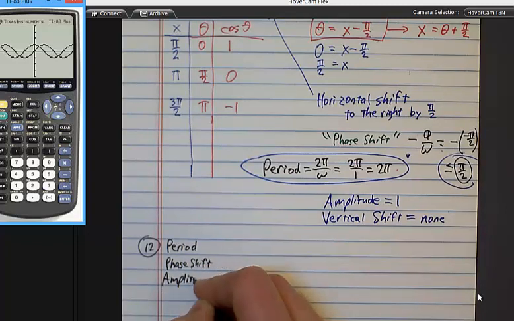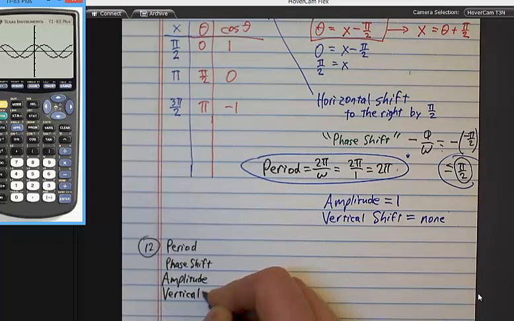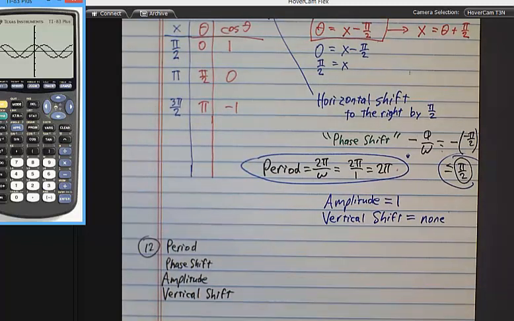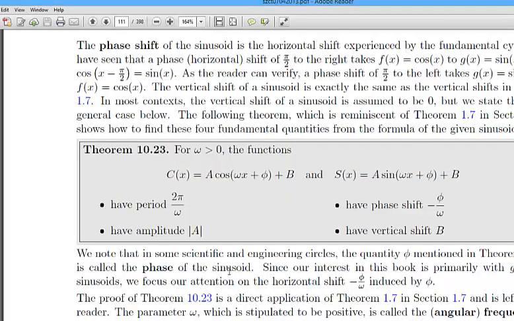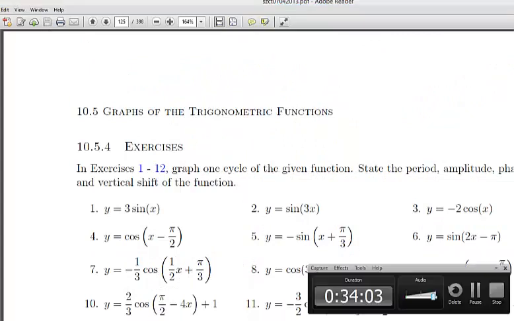And maybe then I'll try and use those to come up with what my graph is going to look like. So let's see, number 12. Back to my page. And why don't I pause and let you guys work on those things a little bit, and we'll see how it goes.